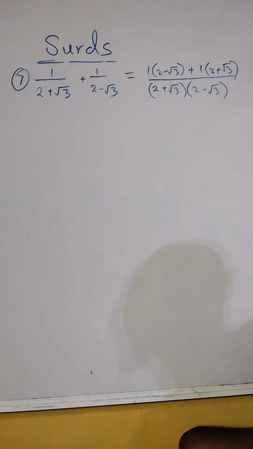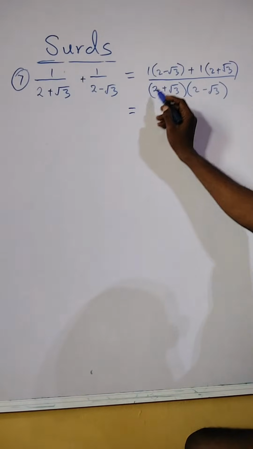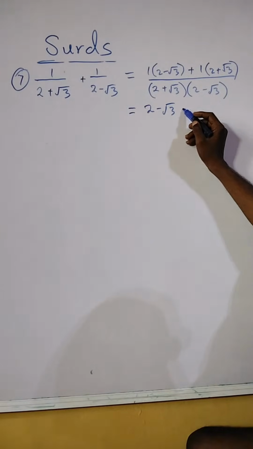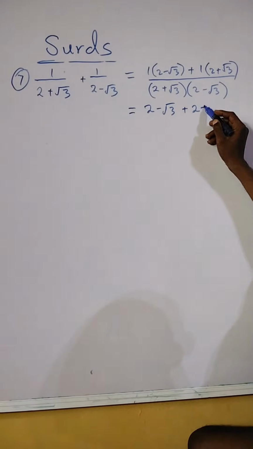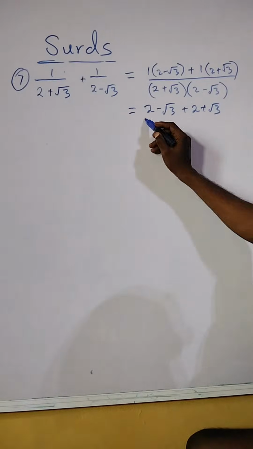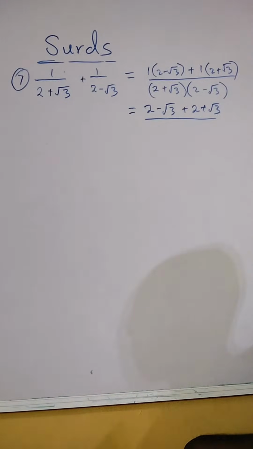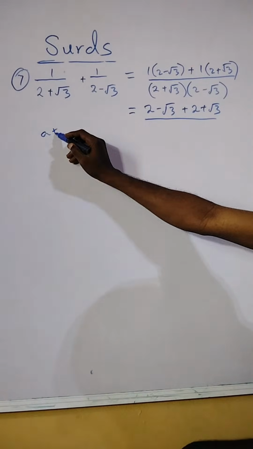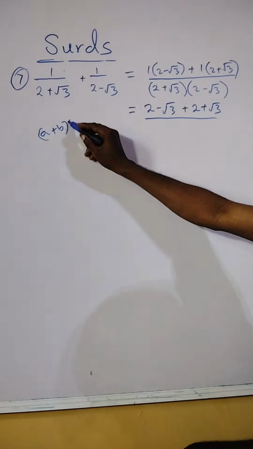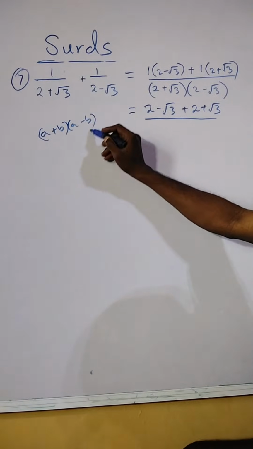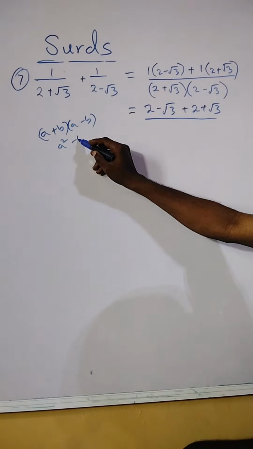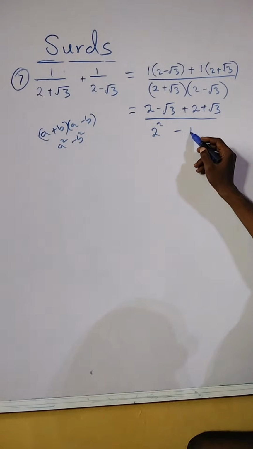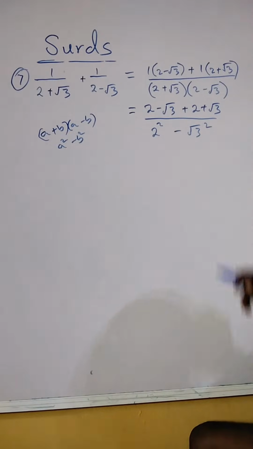Then from here, when we open this bracket, we have 2 minus root 3, then plus, also when we open this bracket, 2 plus root 3. Then divided by, these are also conjugate surds. This one we have a plus b into brackets a minus b, and I express this as a square minus b square. That is, here we have 2 square minus root 3 square.